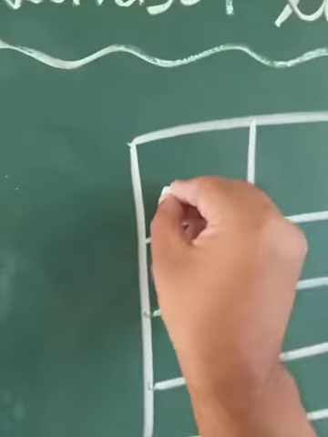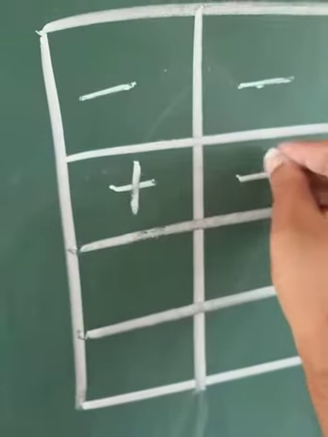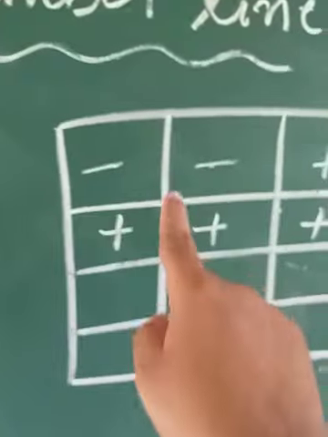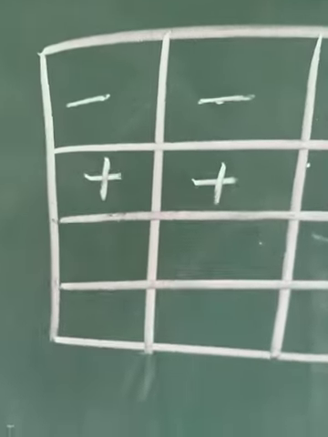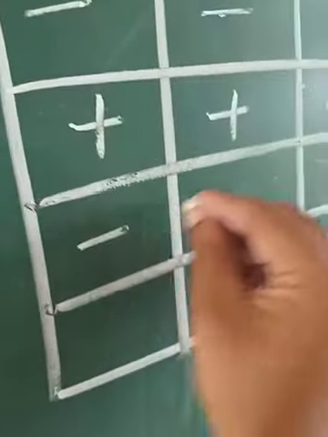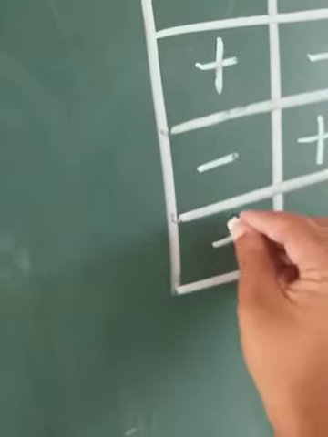I believe many of the students know this: minus into minus is always positive. Positive into positive is always positive. Minus into minus is what? Plus. Plus into plus is what? Plus. Okay, now minus into plus is what?